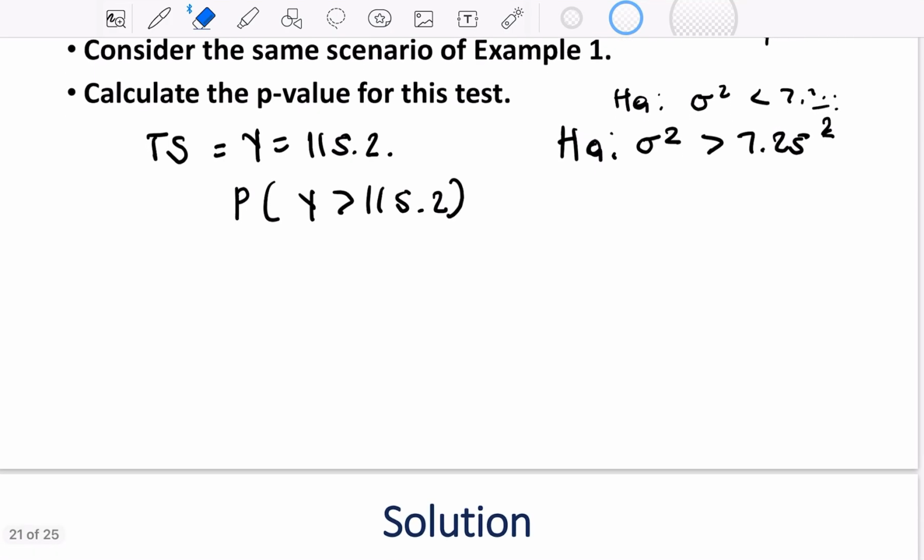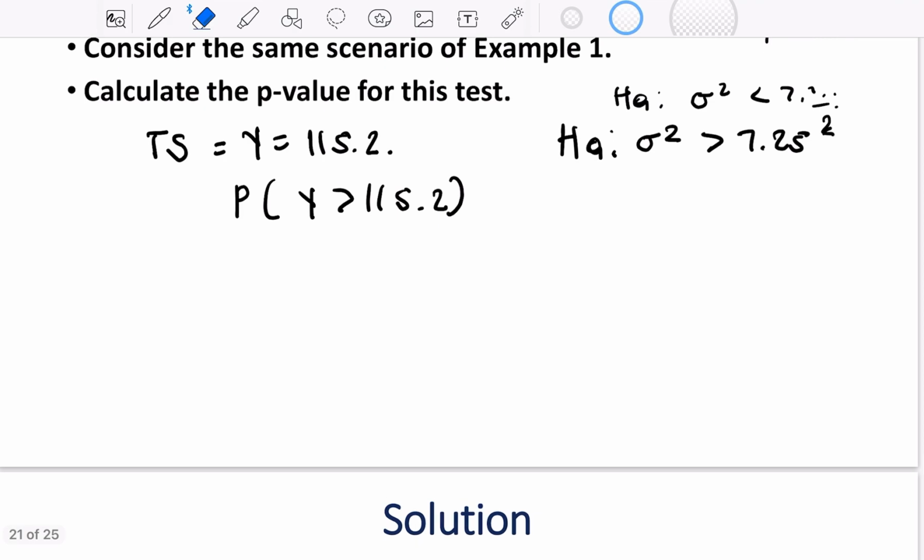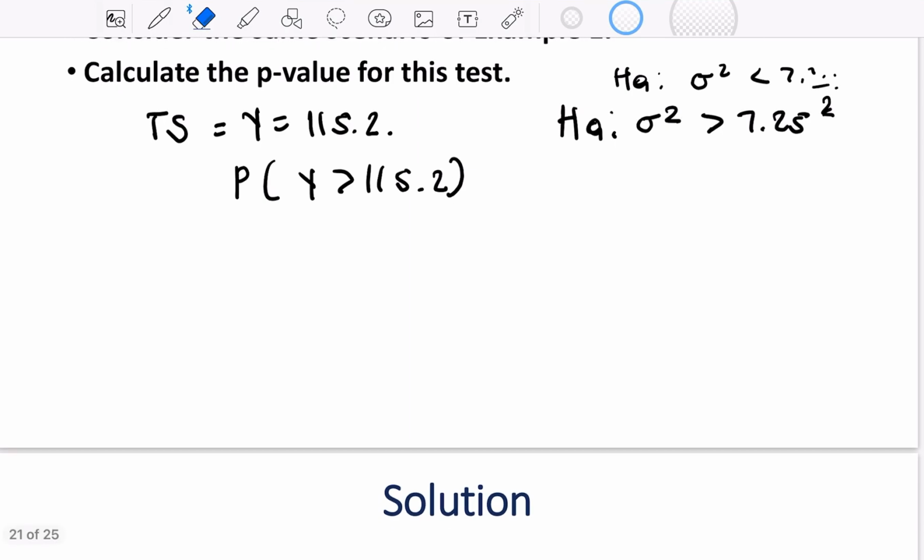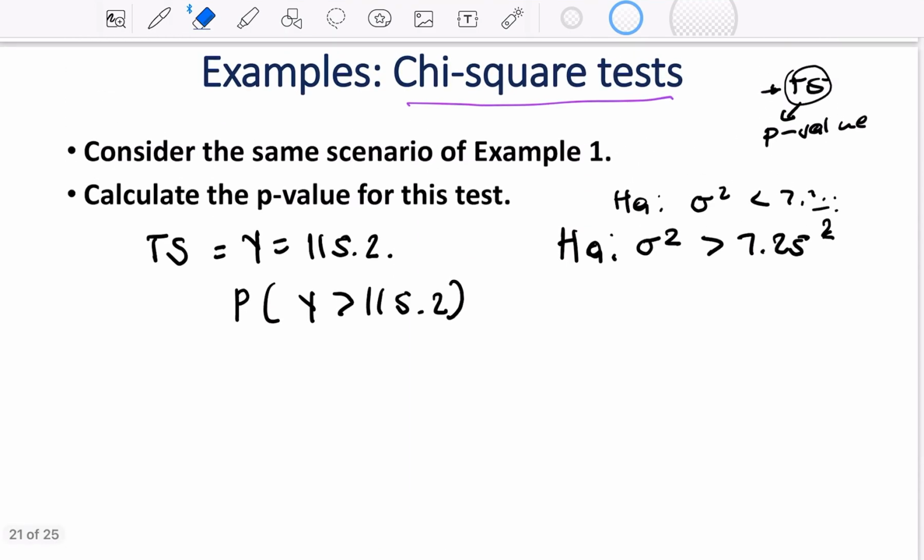Okay, and then if you look at that, that would give you, so let's go to our tables.